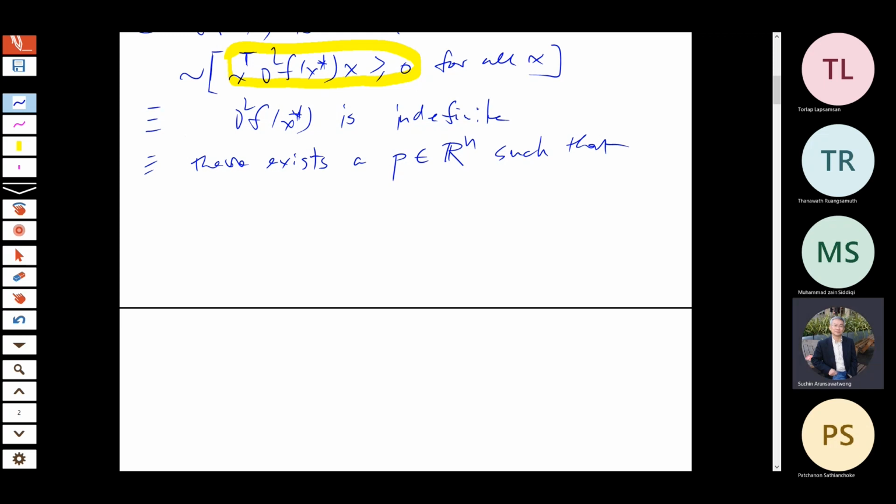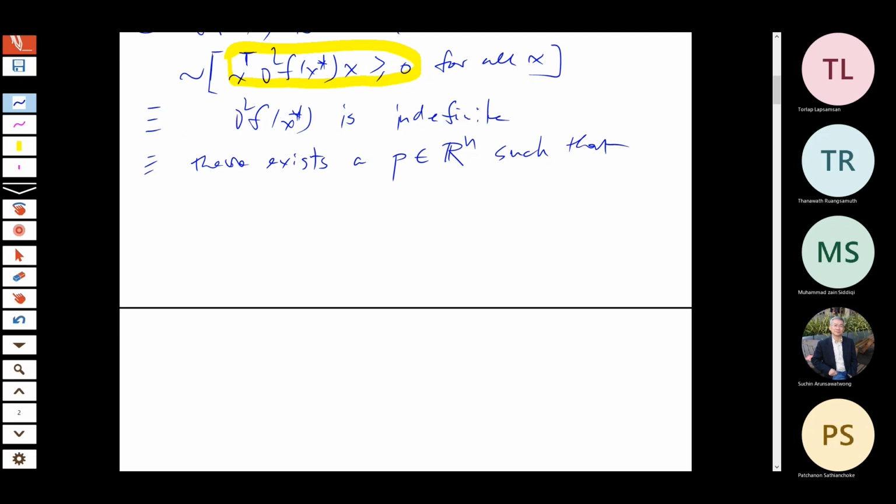When the H matrix is positive semi-definite, all the eigenvalues are real and non-negative. When the H matrix is not positive semi-definite, some of the eigenvalues can be positive, or some of them can be negative, or some of them can be zero, right?